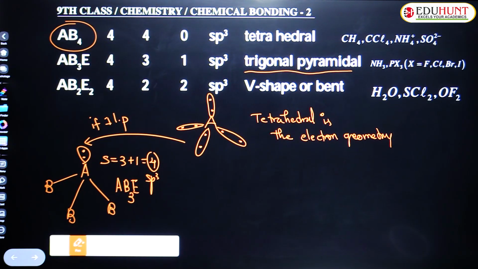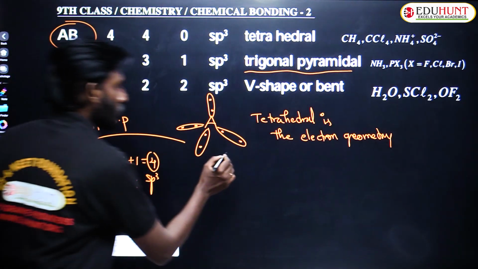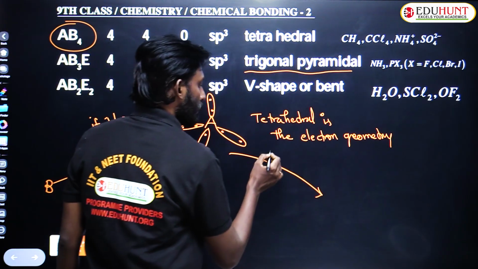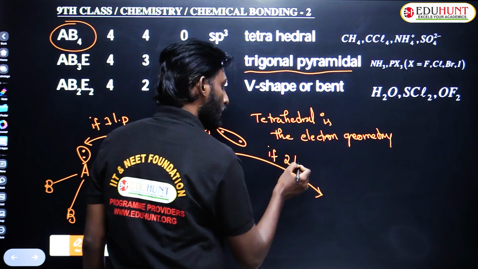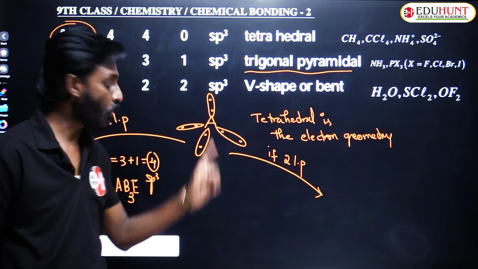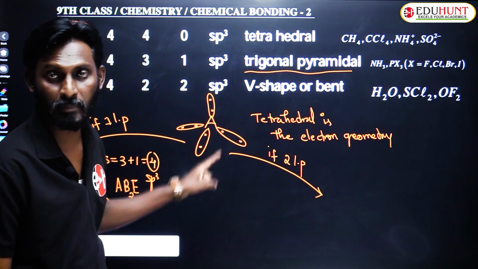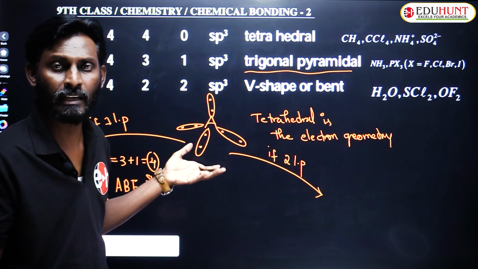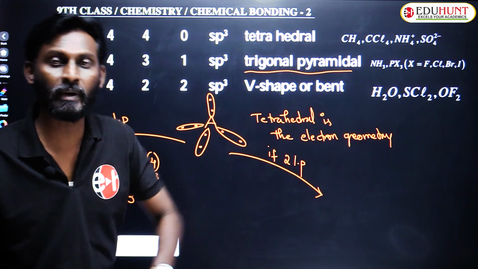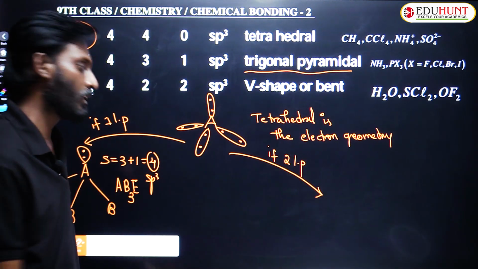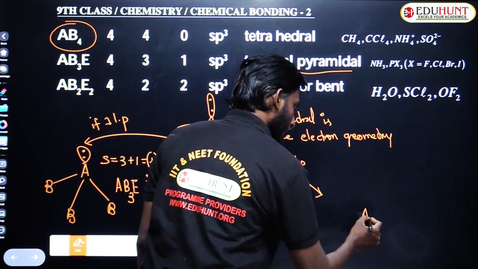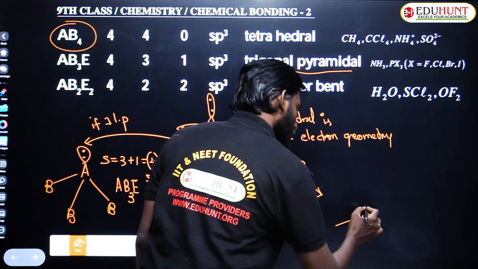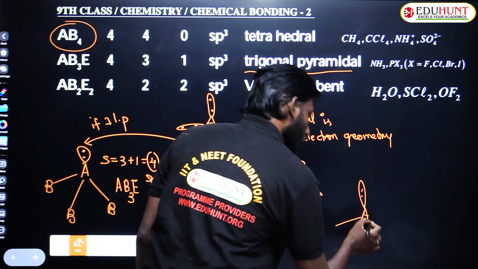Yes. Now what if there are 2 lone pairs? Among these 4 electron pairs in this tetrahedral electron geometry, what happens if 2 of them are lone pairs and 2 are bond pairs? Then simply take the tetrahedral electron geometry, but consider one lone pair and another lone pair.